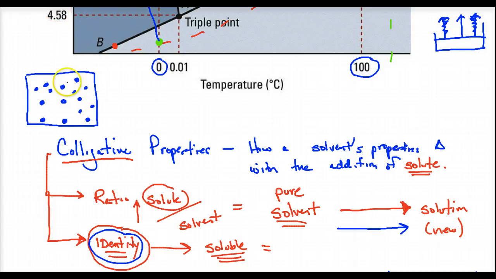Now we know that when something melts in equilibrium, as it melts, something will freeze. So you have the rate of freezing equals the rate of melting at some point. And what happens is when you add solute particles that get into the solution, they also block the ability of this water molecule trying to refreeze.